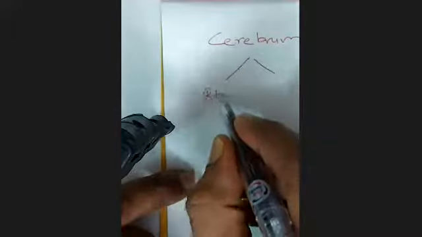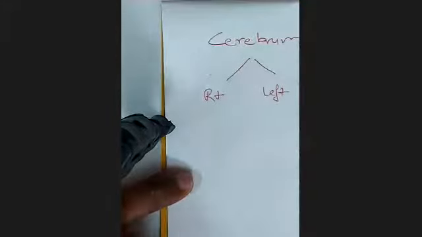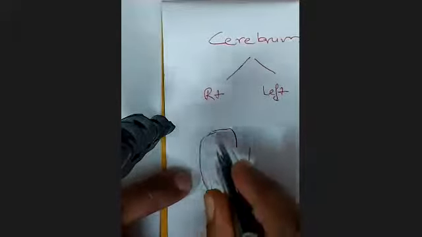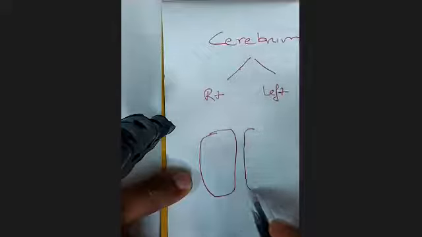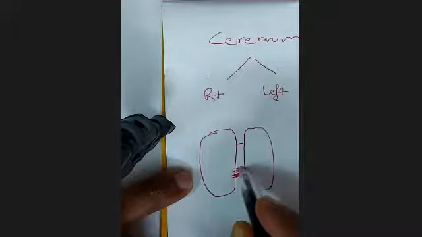So, welcome to this session on the cerebrum. Remember that there are two cerebral hemispheres, right and left, and both these cerebral hemispheres are joined with each other by the corpus callosum.